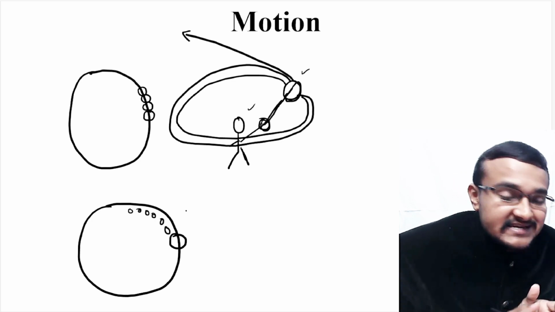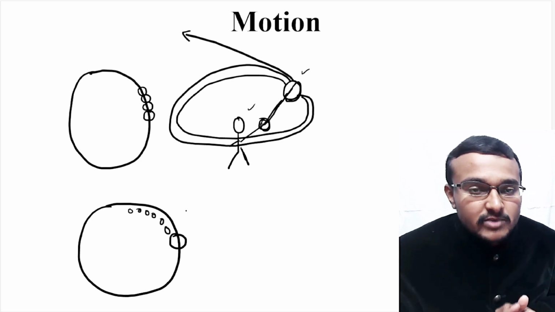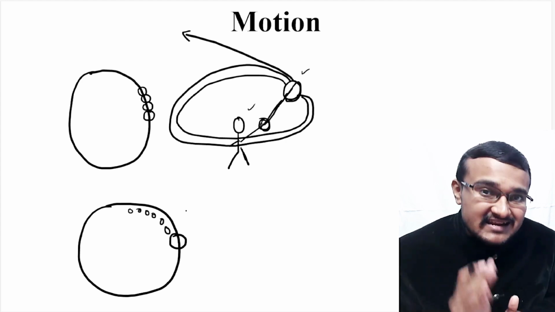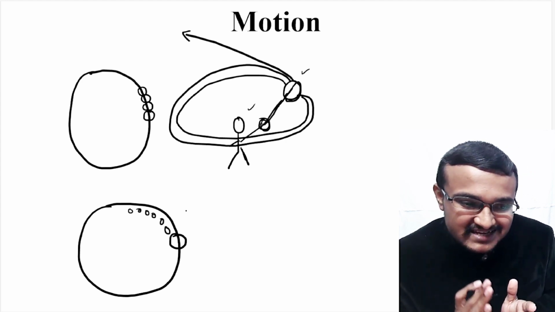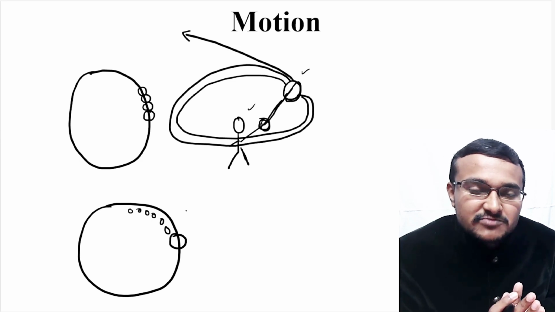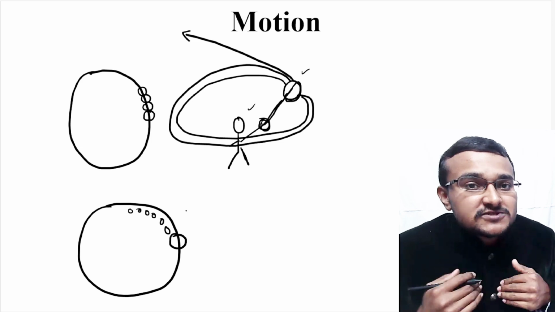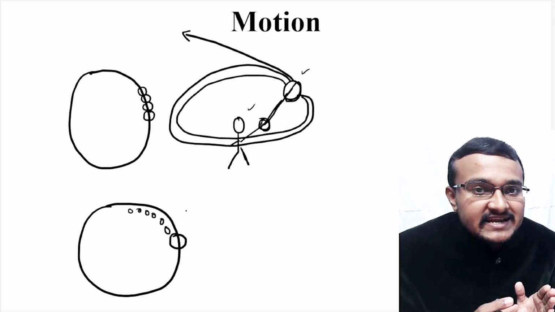Just like that, any object cannot change its direction without force. Even an athlete running on a circular path, in order to change his direction at every point on that circular path, has to apply a certain amount of force within him to change the direction.